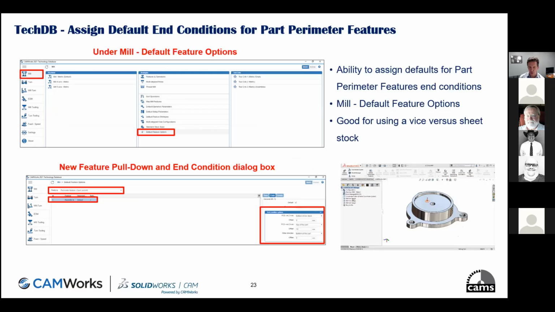But this will be particularly helpful for people who are almost always milling with a vise, or almost always milling with sheet stock, because you use two distinctly different ways of recognizing that depth. With the vise, we're just going to go down to the bottom of the part, typically, leaving the area that we're holding in the vise. And with the sheet stock, we're typically going to go all the way through. So let's take a look at the video and see how that works.